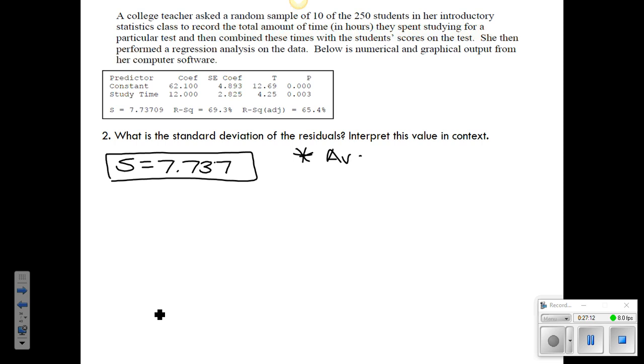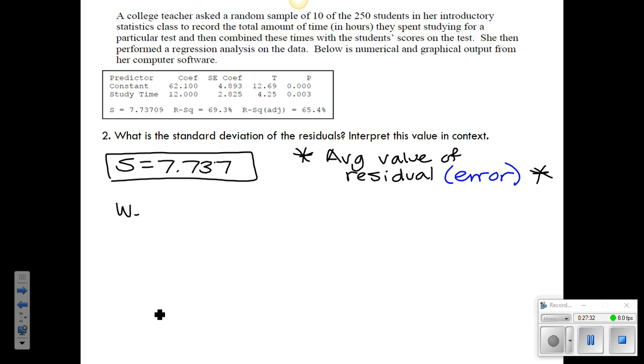It's the average value of a residual, right? And residual, again, is what? Error. It's how far you're off in your predictions.